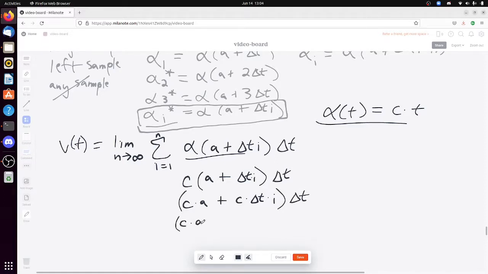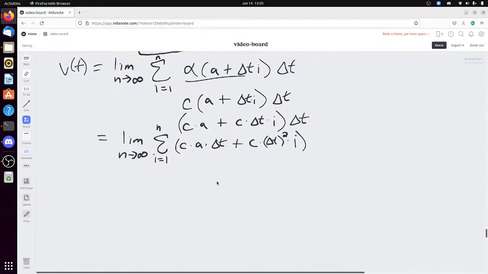So c times a times delta t plus c times delta t squared times I. And remember, we still have the summation here. Okay, so that's what we have here.